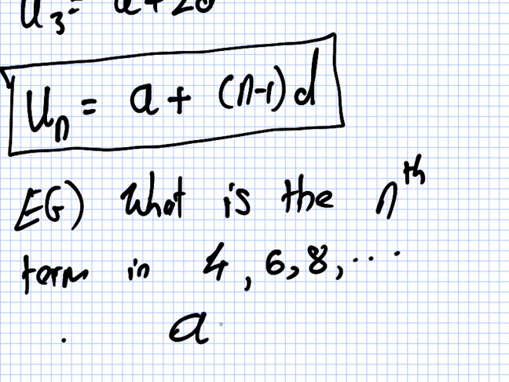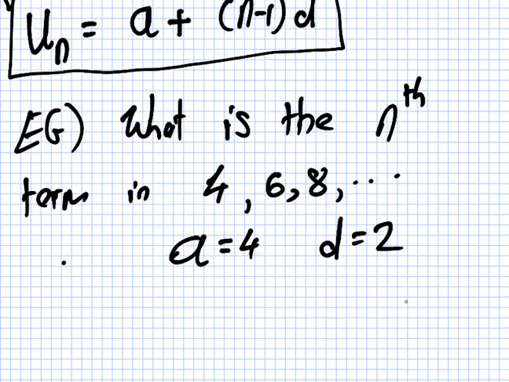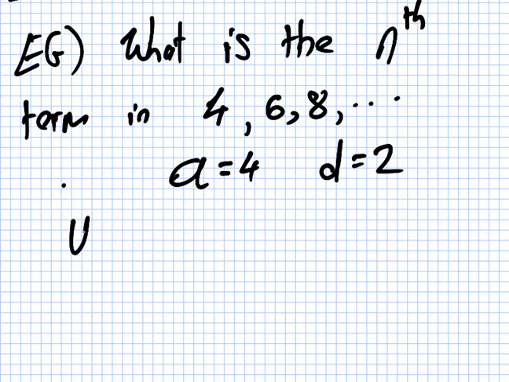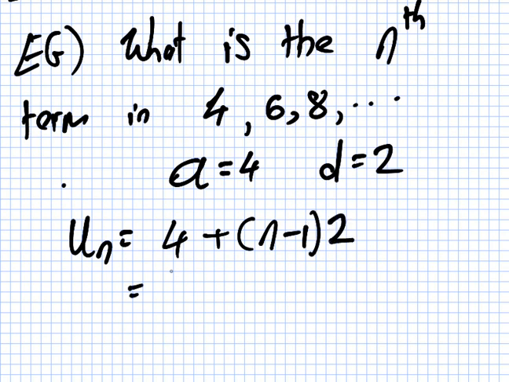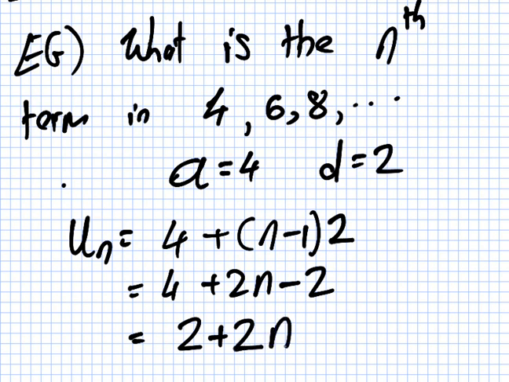What's the A here? 4. And the D? 2. So the formula says the nth term is A plus n minus 1 times 2. So that's 4 plus 2n minus 2. So that is 2 plus 2n.